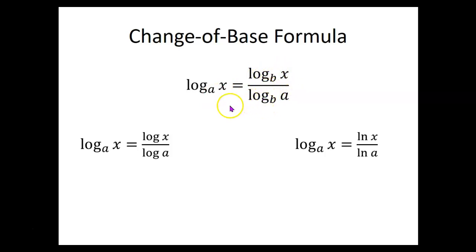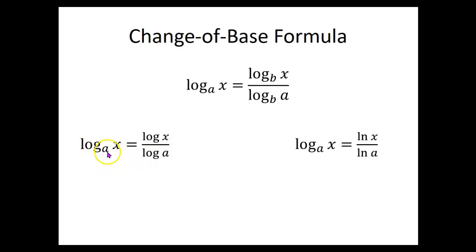And where this is really handy is your calculator has buttons on it to give you a common logarithm or a natural logarithm. But what if you wanted some other kind of logarithm? This tells you how you can find that on a calculator.